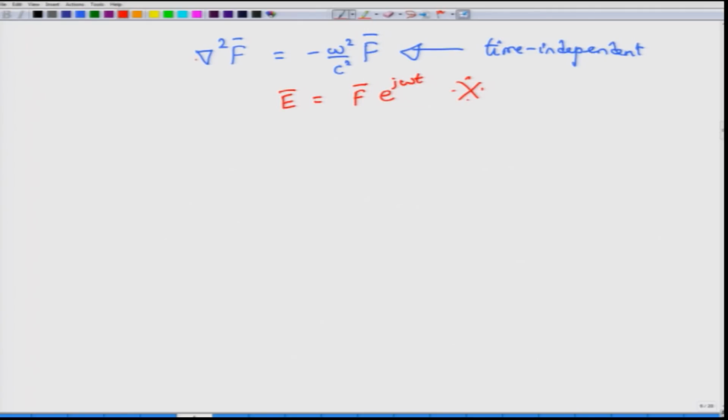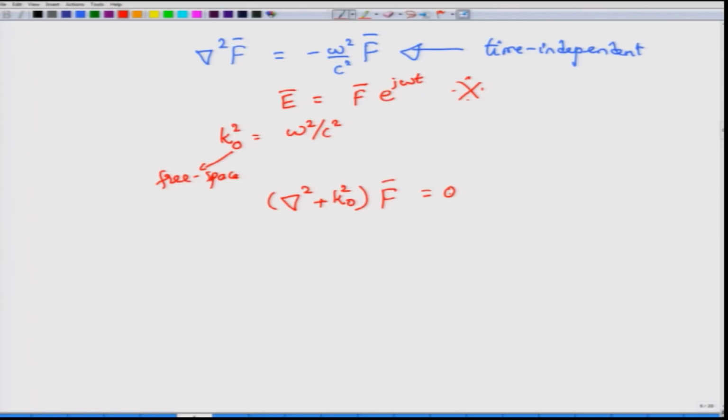Now, this is the equation, and we further define a quantity called k, and in this case I will put a subscript 0. 0 indicates that this is free space that we are considering, and in that free space k0 square is equal to omega square by c square, and I can pull this right hand side equation onto the left hand side and essentially obtain an even more simplified equation, which would be del square plus k0 square times f equal to 0.